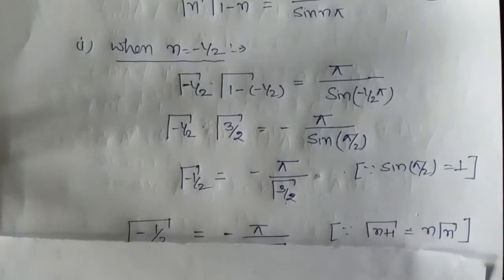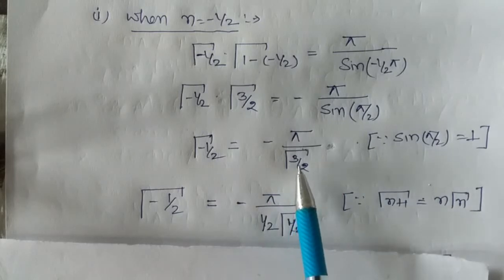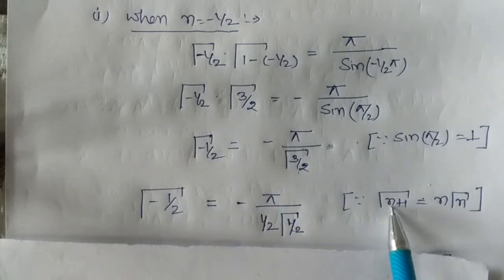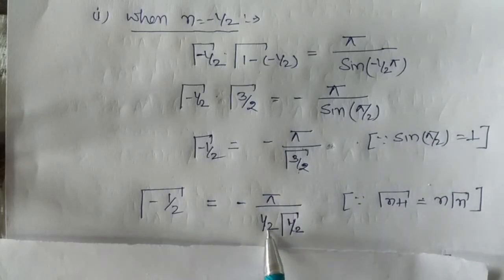Now gamma 3 by 2, as we know, gamma n plus 1 is n gamma n. So we have gamma minus half is equal to minus pi upon, here we apply the rule gamma n plus 1 is n gamma n, so we have 1 by 2 gamma 1 by 2. Now this denominator 2 goes in the numerator, so we have 2 pi in the numerator, and gamma half is root pi.